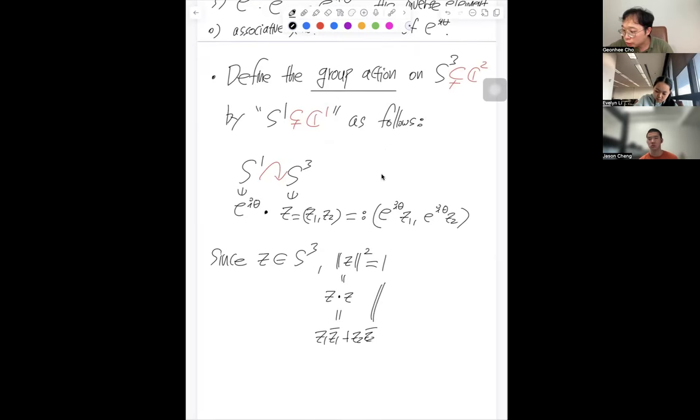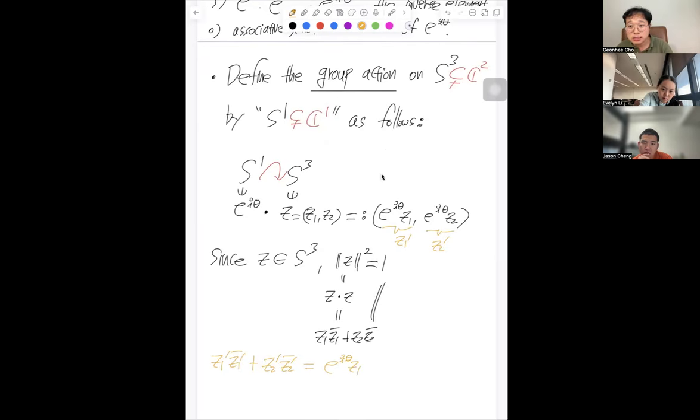Now I want you to realize that if you look at this one, let's just call it Z1 prime. This one is Z2 prime. Let's try to investigate the same quantity, Z1 prime, Z1 prime bar plus Z2 prime, Z2 prime bar. Let's see what happens. Then Z1 prime just means e to the i theta Z1.